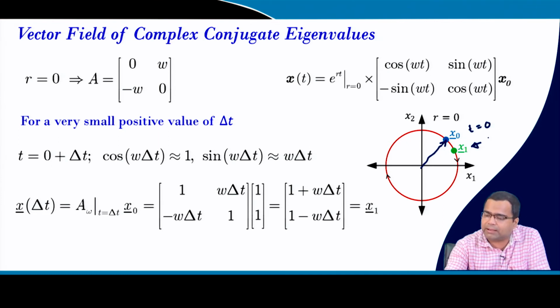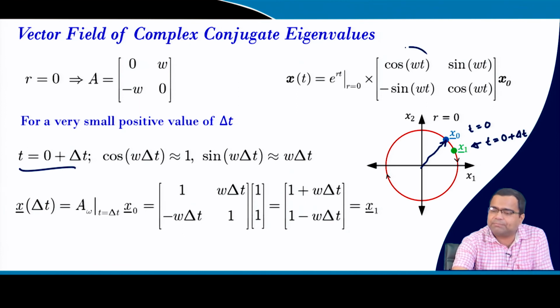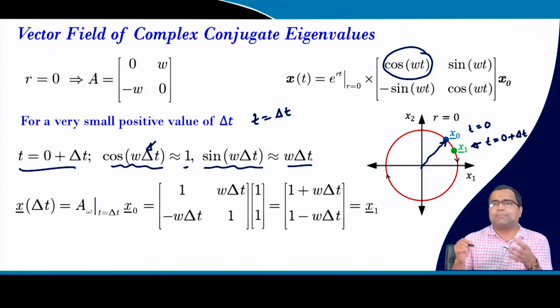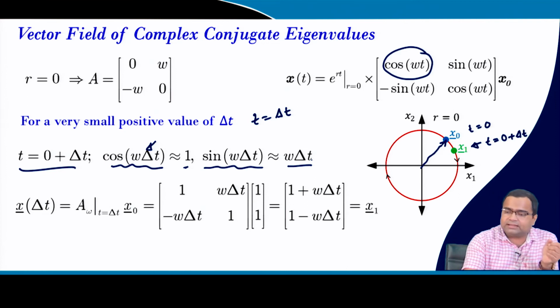Now, we want to find what happens at t equal to 0 plus delta t, a small time delta t. So let us replace t with delta t. Then it will be cos omega delta t, and since delta t is very small, the cosine will be almost equal to 1, and the sine can be approximated by omega delta t. Then this matrix at time delta t, since we have taken this quantity to be 1 because r equal to 0.